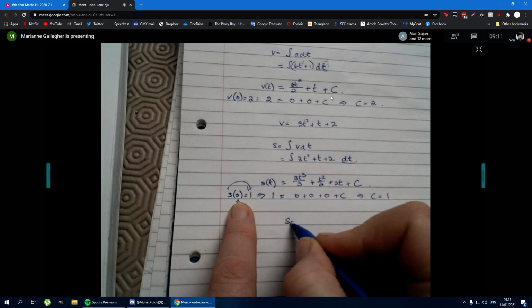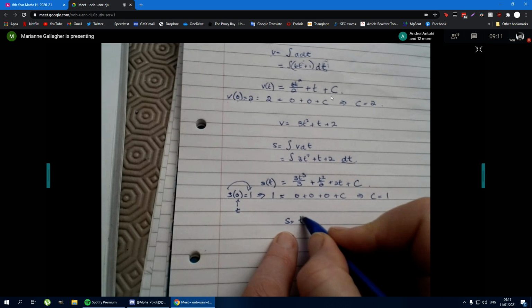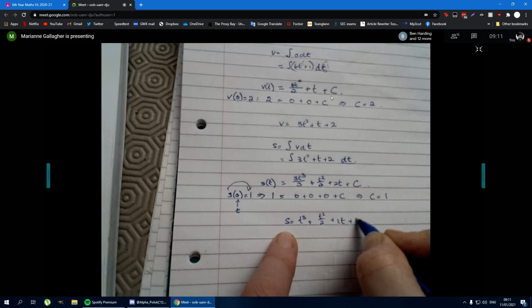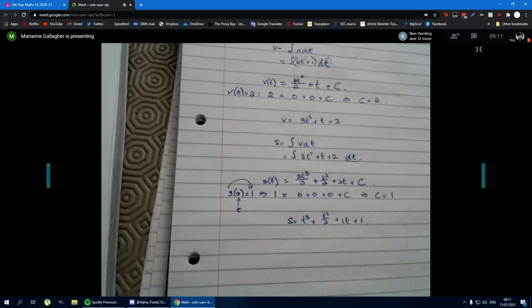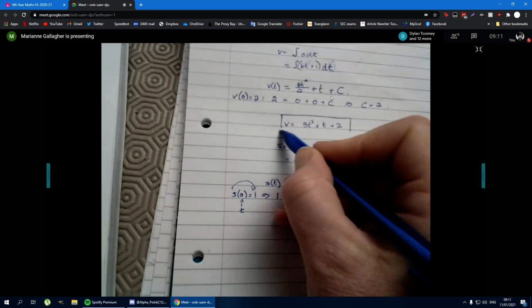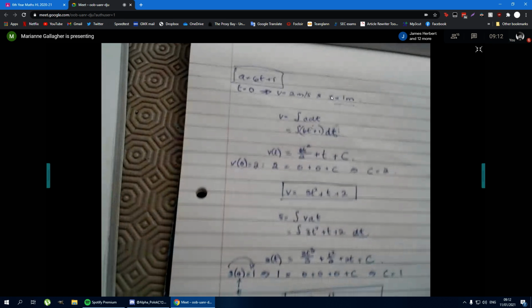So s is equal to 3t cubed over 3, which is just t cubed, plus t squared over 2 plus 2t plus 1. Okay. And so now I have my expressions for v and for s and for a. Okay. So once I know what t is, I can find out any one of the three of them.